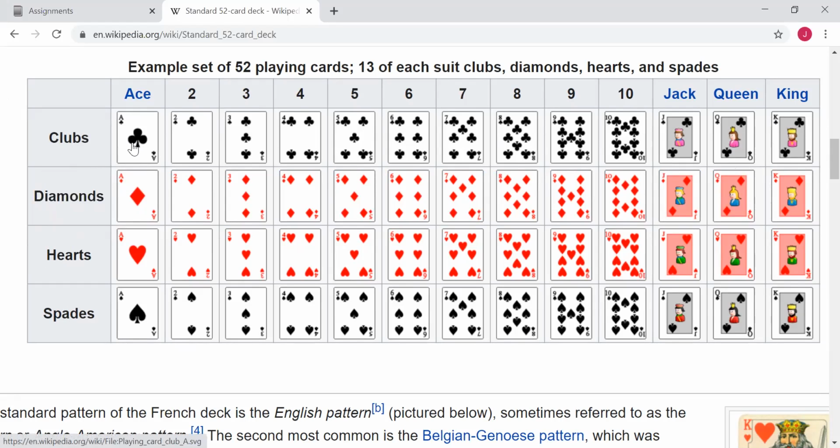You have the ace, which is sometimes low, sometimes high, depending on the game you're playing. Then you have the numbers 2 through 10. Then you have a jack, queen, and a king. These are called your court cards because you think of a jack, queen, king as being in the court. So it's pretty straightforward how it works. There's 13 of each suit times 4 suits. There's 52 playing cards in a standard deck.